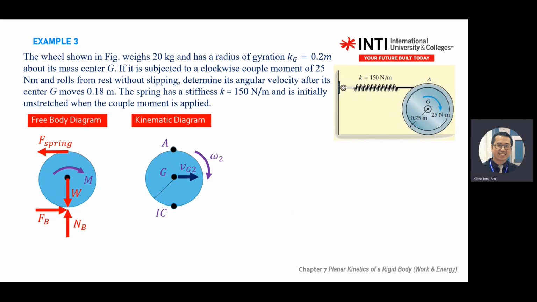I did show you VA just now. Use your ruler, draw, you get your IC point. So that's why your IC is at this point, because you put your ruler here and draw.